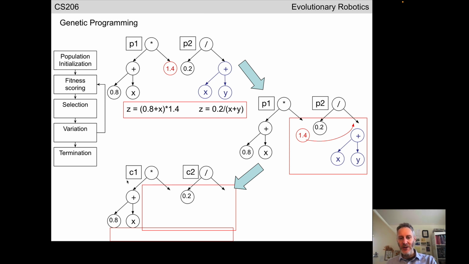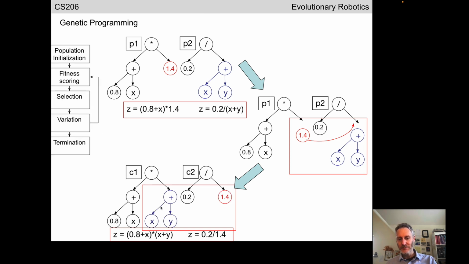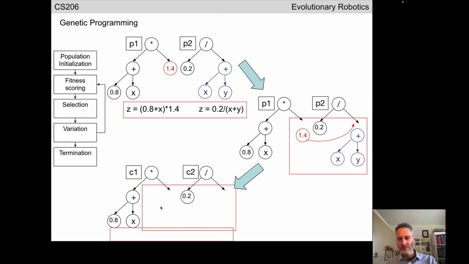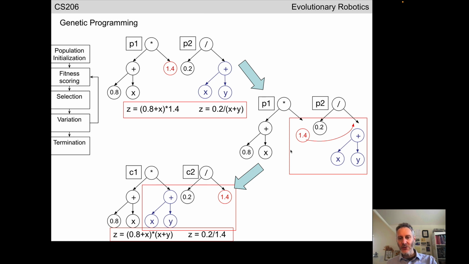So C1 inherits this genetic material from P1, but it's then going to inherit this genetic material from P2. And C2 inherits this genetic material from P2, and it's going to inherit this genetic material from P1. Yes, we've swapped this genetic material.